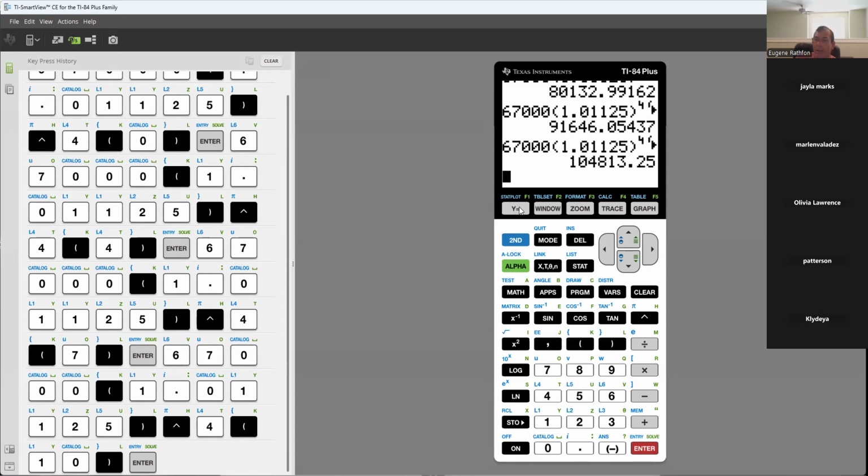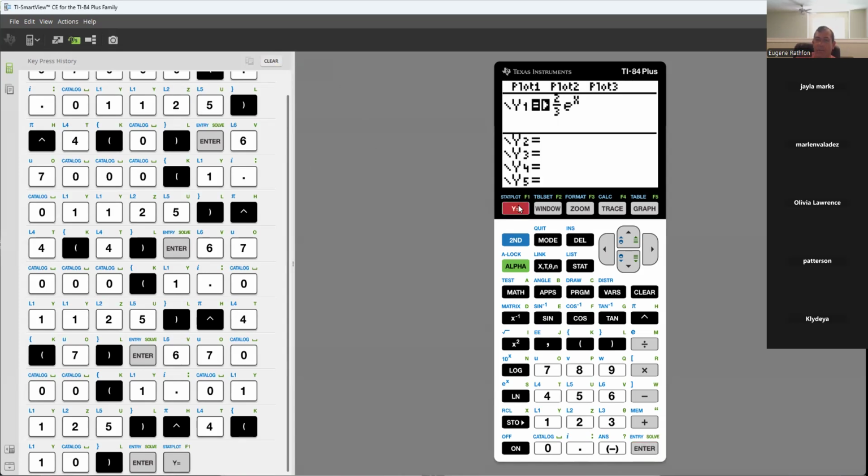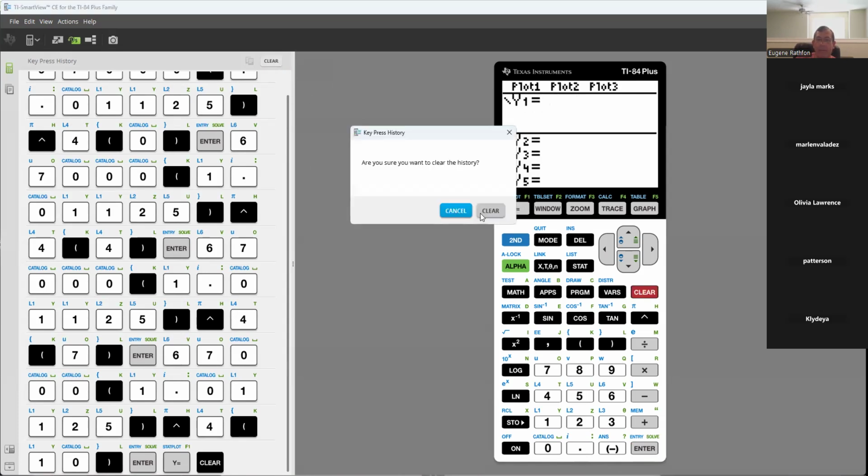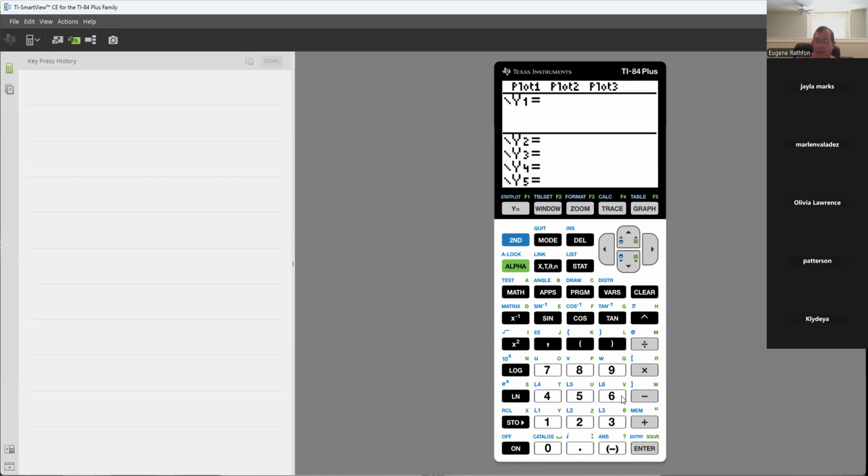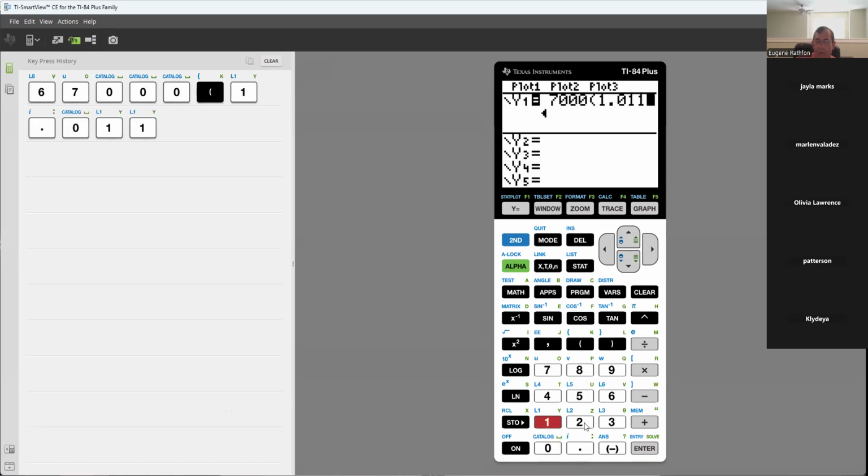The other way, I'm going to go to y equals. I'm going to clear everything out. I'm going to put in the function 67,000, parentheses, 1.01125, close parentheses, and the exponent will be 4x.